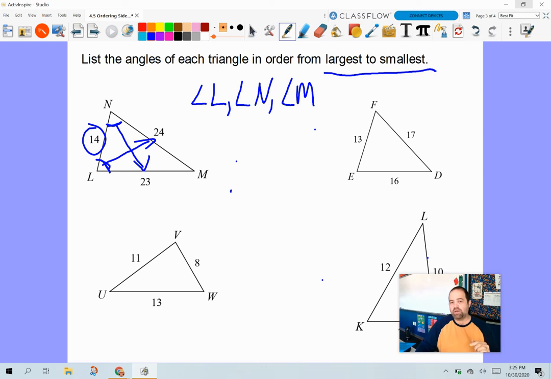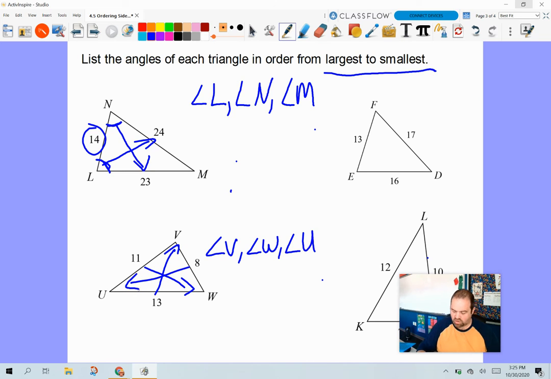You've got to be able to look at the triangle and match up a side with the angle that's across from it. So the one down here at the bottom, largest to smallest, is going to be angle V, angle W, and angle U. I went 13 to V, 11 goes to W, and then the 8 goes to U. You're just putting them in order.